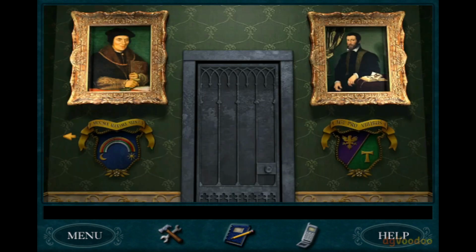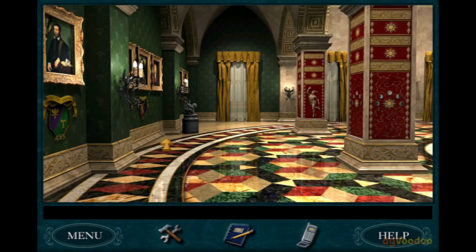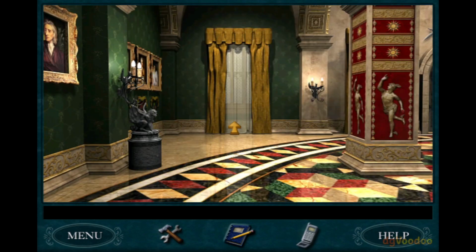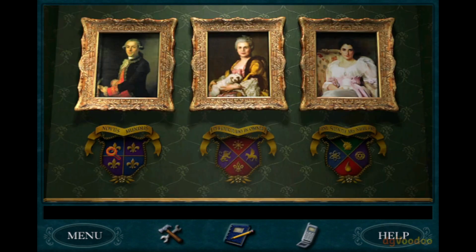So this door leads to the conservatory. I'll try to remember that. Luckily, the doors do look quite different from each other.